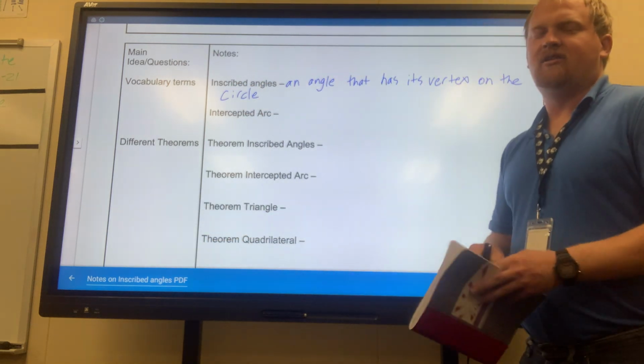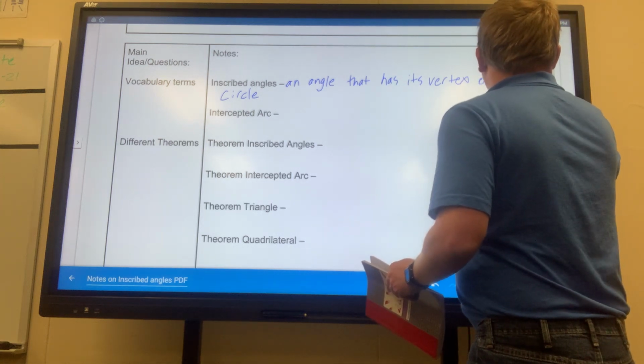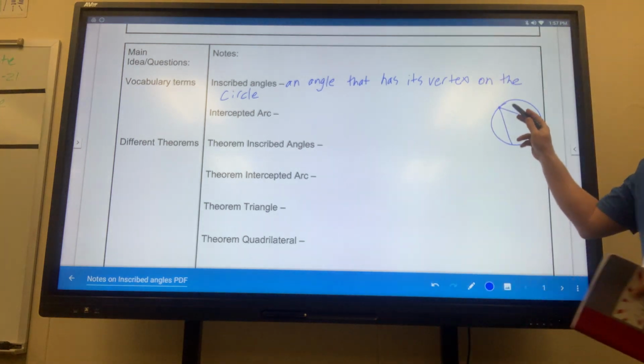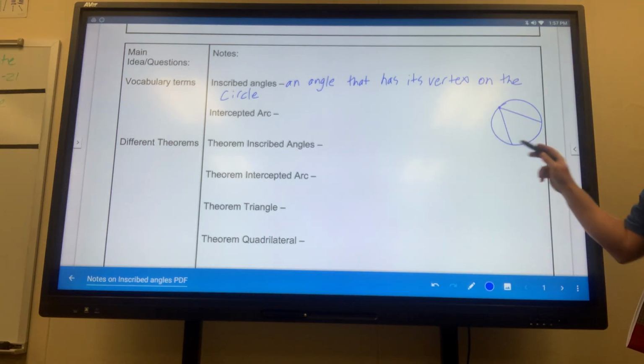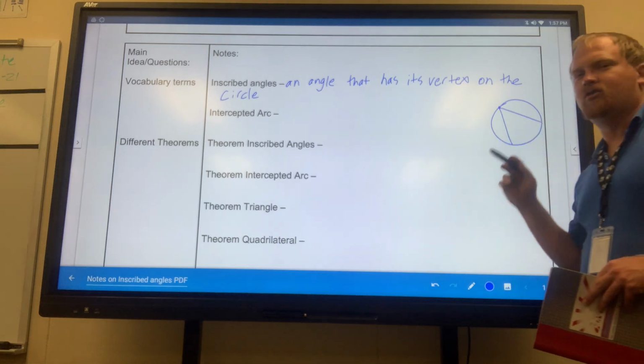Okay, so basically, if I draw a picture right here, that right there, where the vertex is on the circle, that's an inscribed angle.